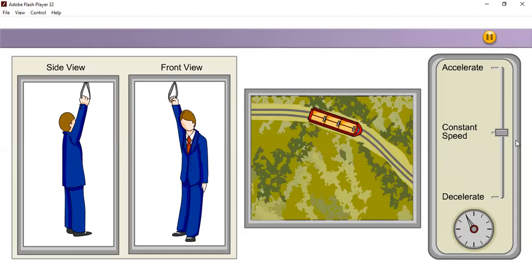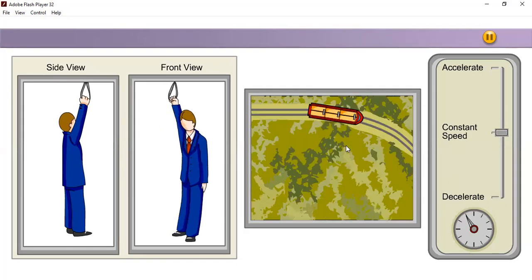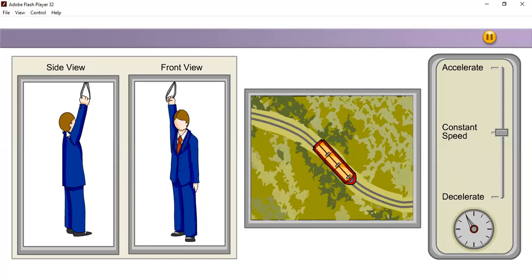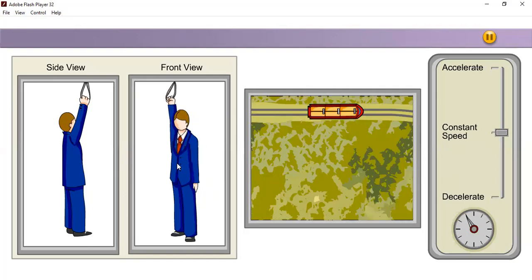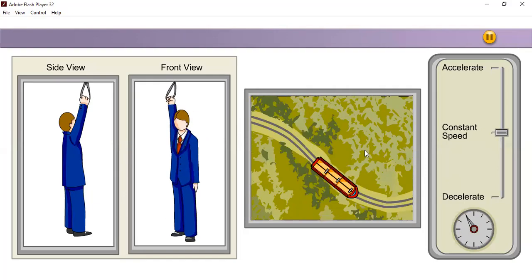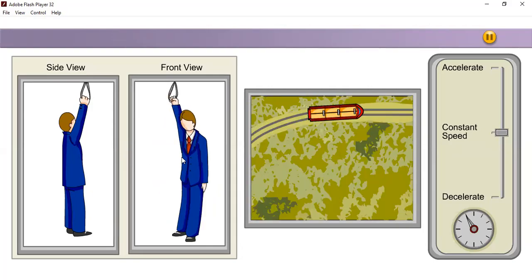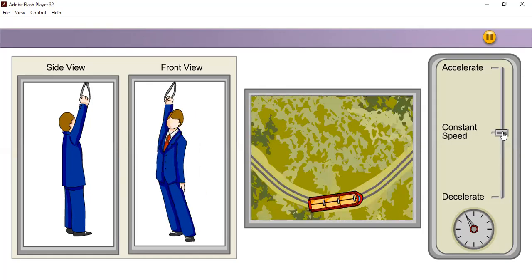When the train moves with constant speed, the people will be in a straight position in the side view. But from the front view, because the train is turning a corner left and right, it will cause the man to move left and right only.